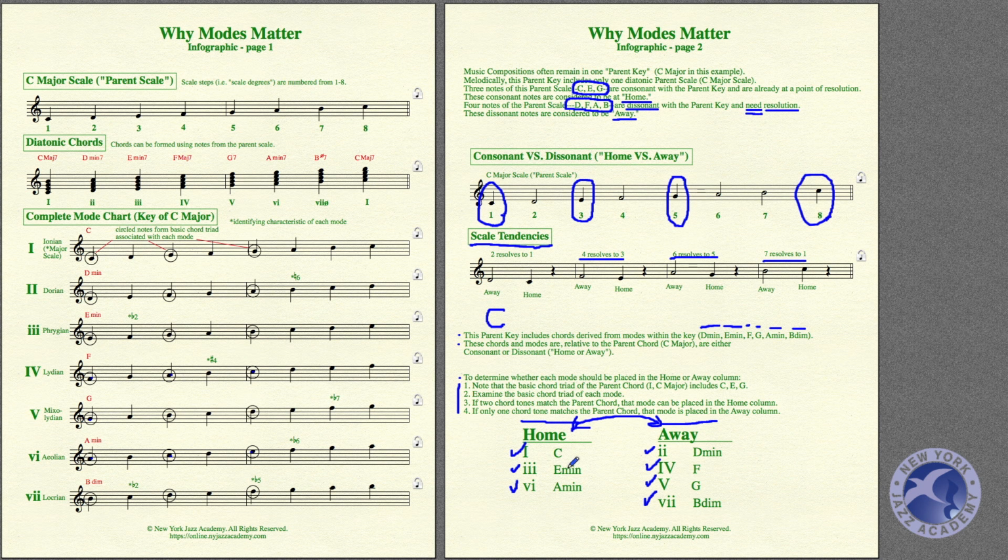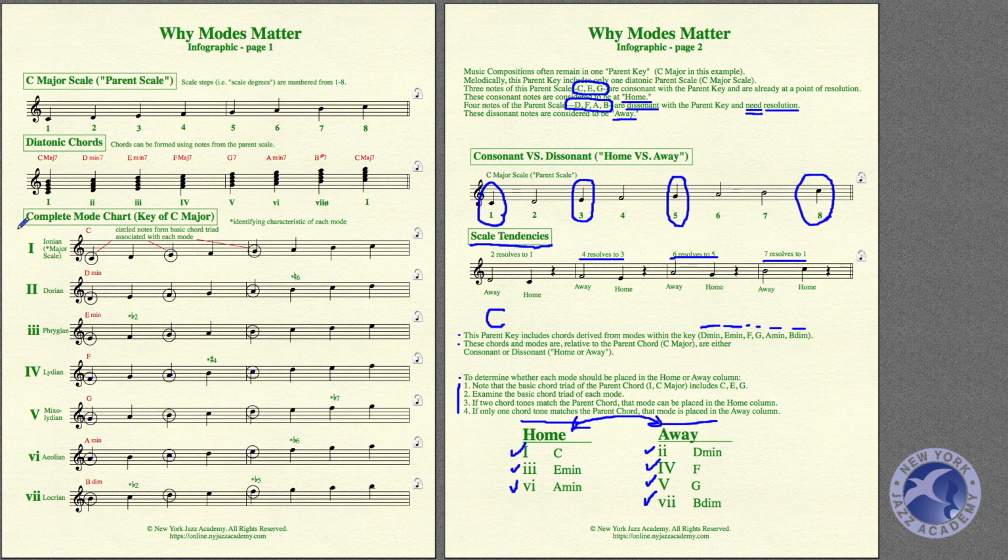This is a little bit abstract now, but you'll get the hang of it. The main thing is, see if you can really familiarize yourself, in any major key you're in, with the 1 chord relating to the 3 chord and the 6 chord, and then on the away side combining the 2 chord, the 4 chord, the 5 chord, and the 7 chord.